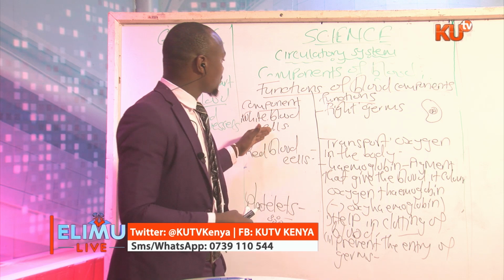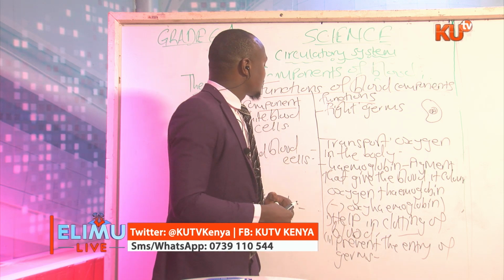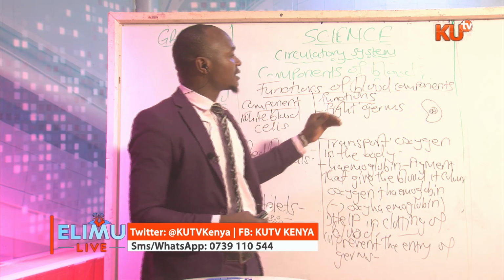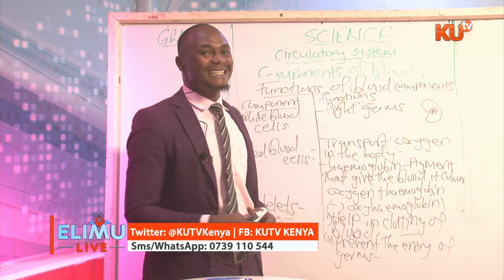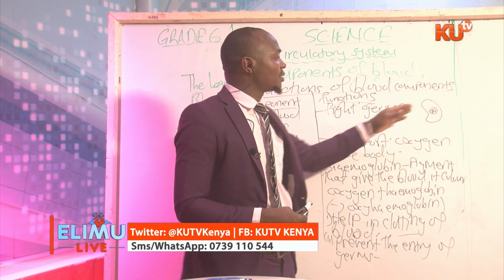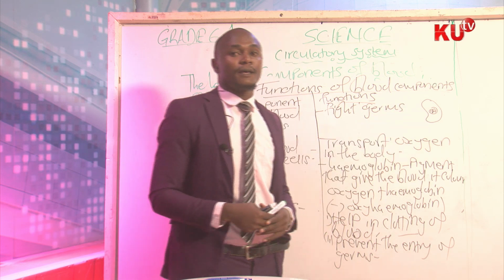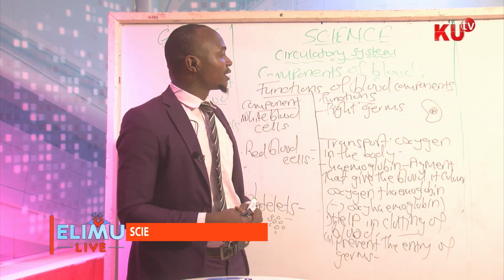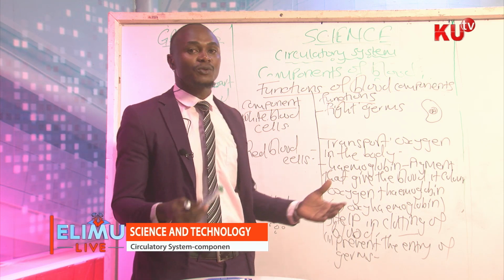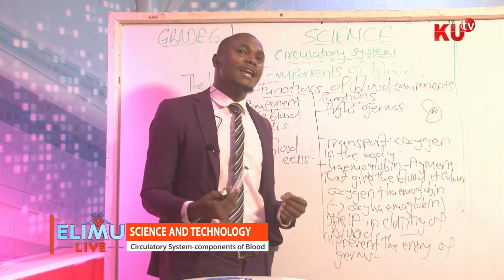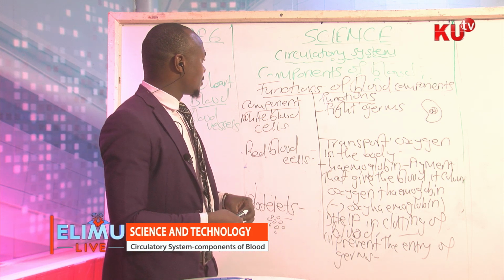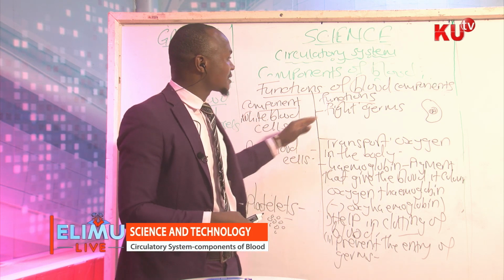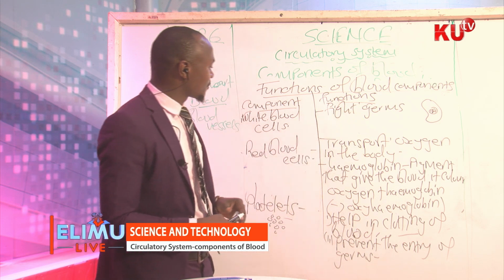We talked about the shape of the white blood cells, where we said it is irregular in shape, and inside it has a nucleus. When we talk of irregular in shape, we said that it keeps on changing. That means it doesn't have a definite shape. And we said the function of the white blood cells is to fight the germs.